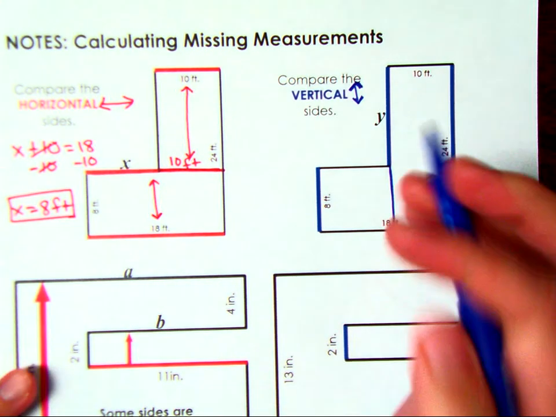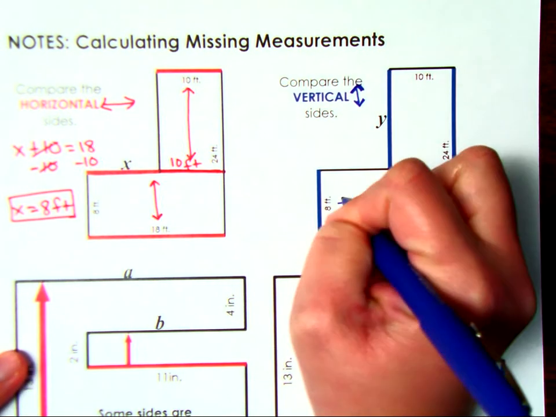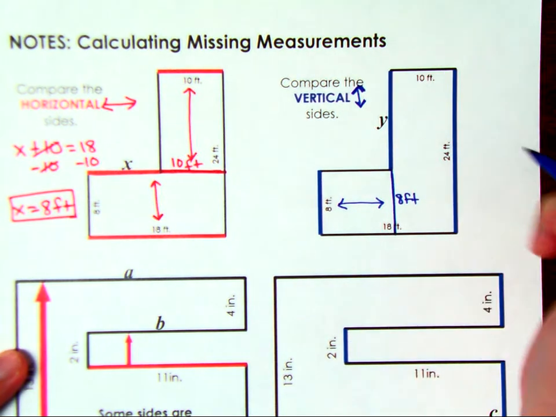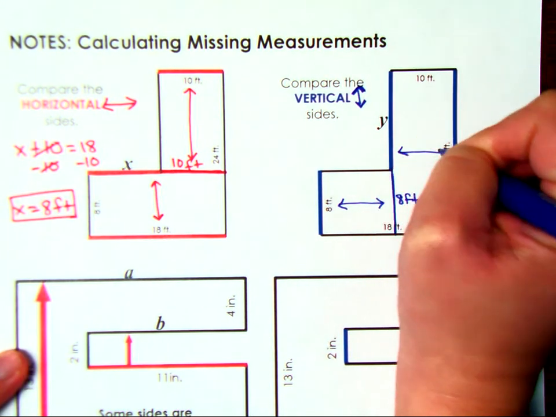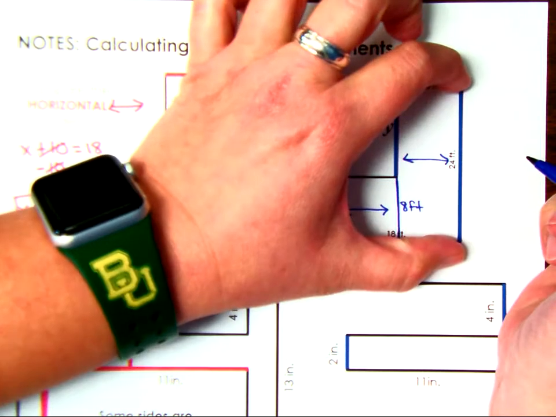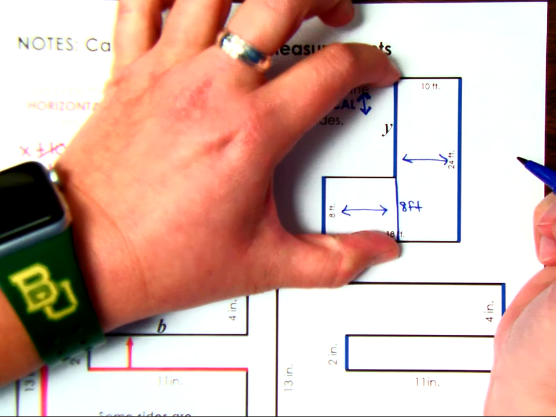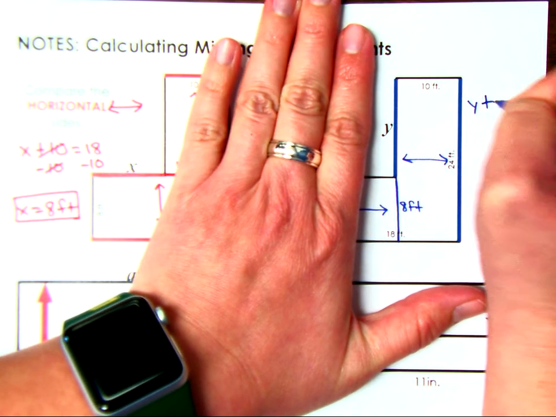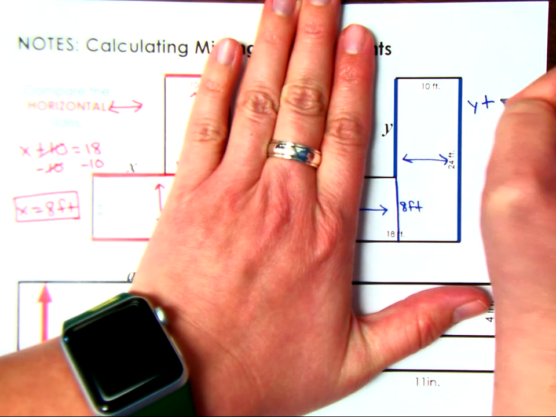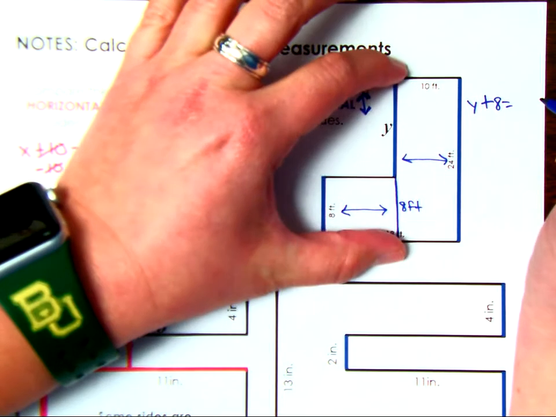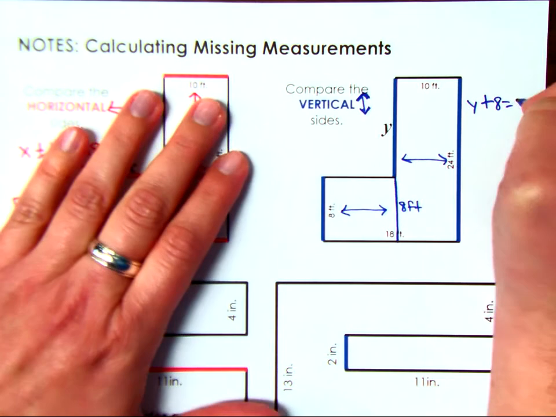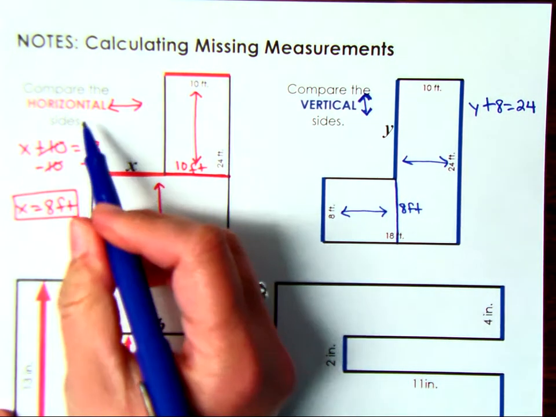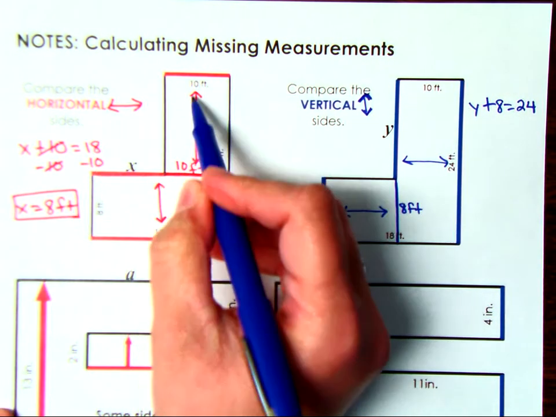Same thing. Your parallel sides are opposite and congruent, so this is 8 feet. Well, this 24 feet is opposite this length right here. So if you can see, you have y plus that amount, 8 feet, is equal to that opposite side of 24 feet. Where some students get confused on this is they say, you said horizontal, but why are your lines vertical?